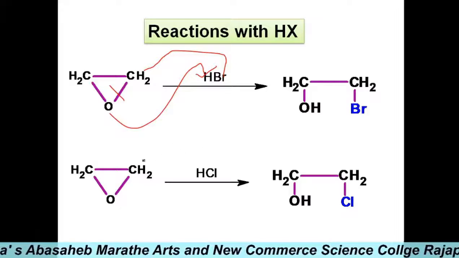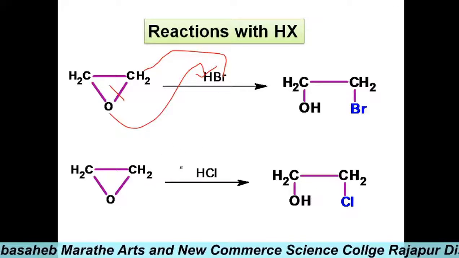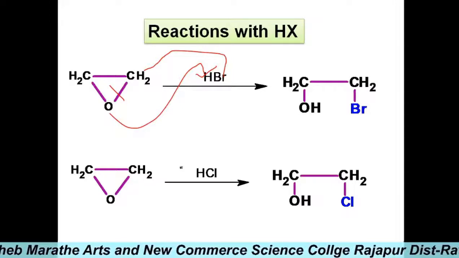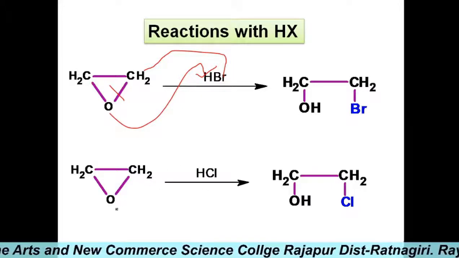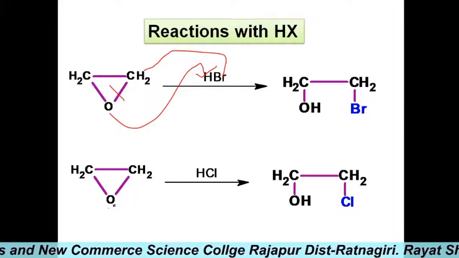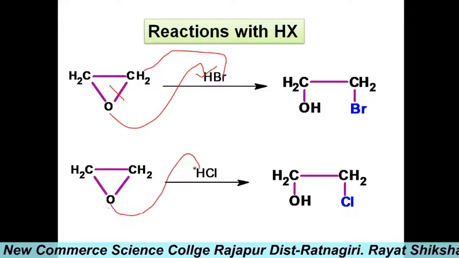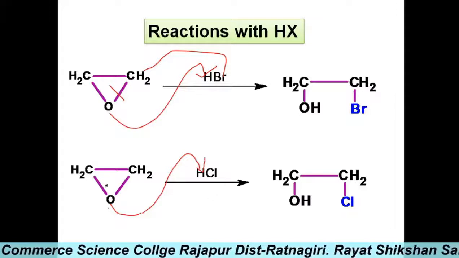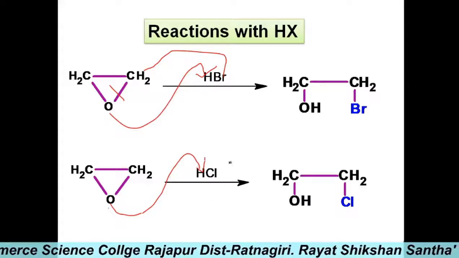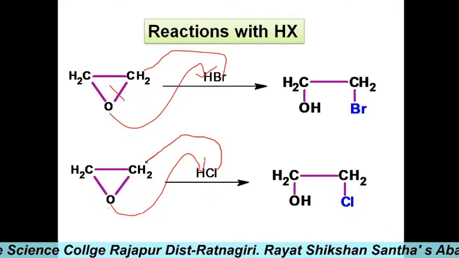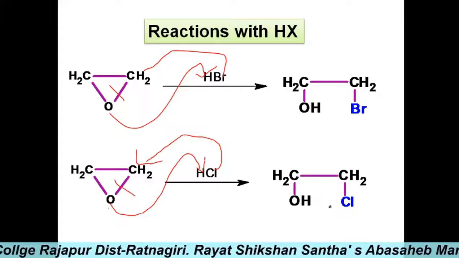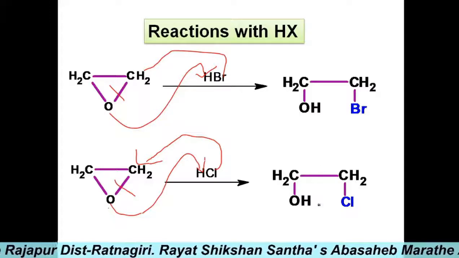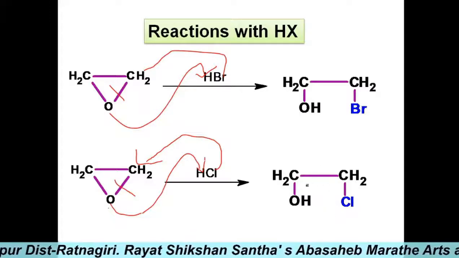Such a type of reaction takes place with hydrohalic acids. In the second example, the lone pair of oxygen abstracts the proton, then after protonation the chloride attacks this side and breaks the bond, and we get the product, a chlorohydrin.